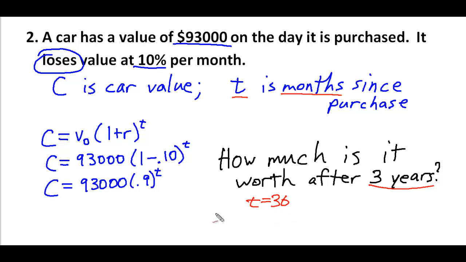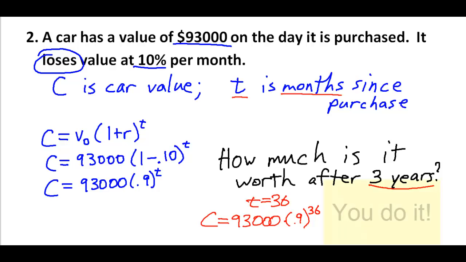So then we're going to do C = 93,000 times 0.9 to the power of 36. So we pull up our trusty calculator, and we should do 93,000 times 0.9 to the power of 36.